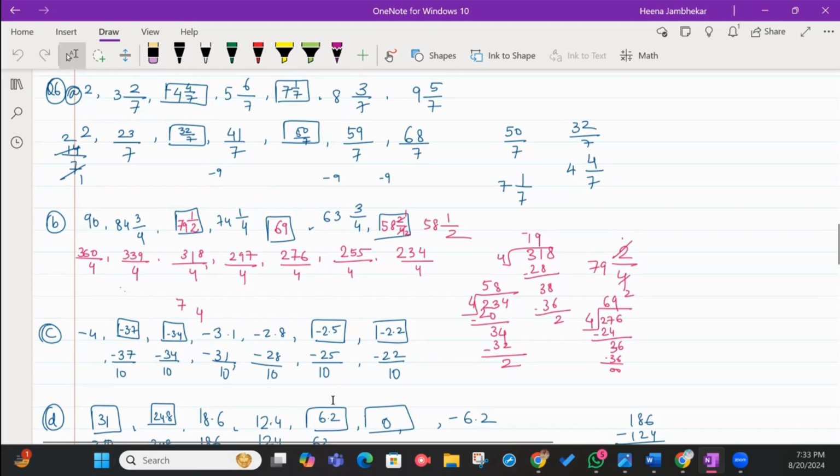Please write this again: box, comma, minus 6.2. What happened? Minus 6.2 is the last term.